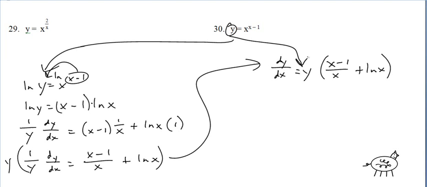Okay, then you can have y in your final answer doing it implicitly. But now we can solve for dy dx. So dy dx is just going to be x to the x minus 1 times x minus 1 over x plus ln of x. Okay, that is not too bad.